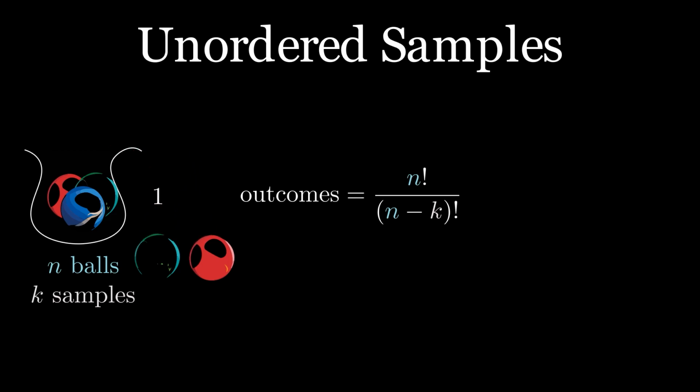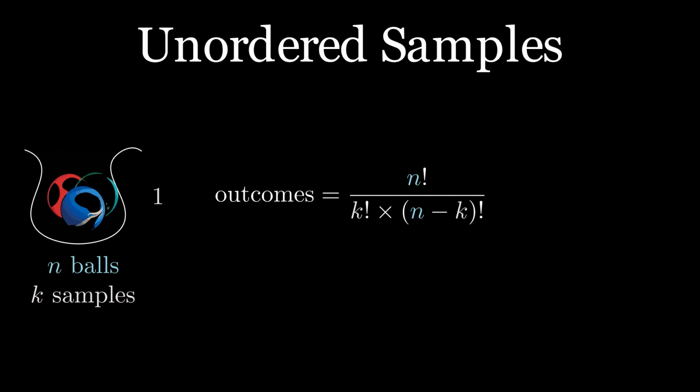If we generalize this to n balls and k samples, then all we need to do is divide the number of outcomes of ordered samples by k factorial. We divide by k factorial because for every k elements we choose, there are k factorial ways to arrange them. Since order does not matter in unordered samples, these arrangements are considered the same.